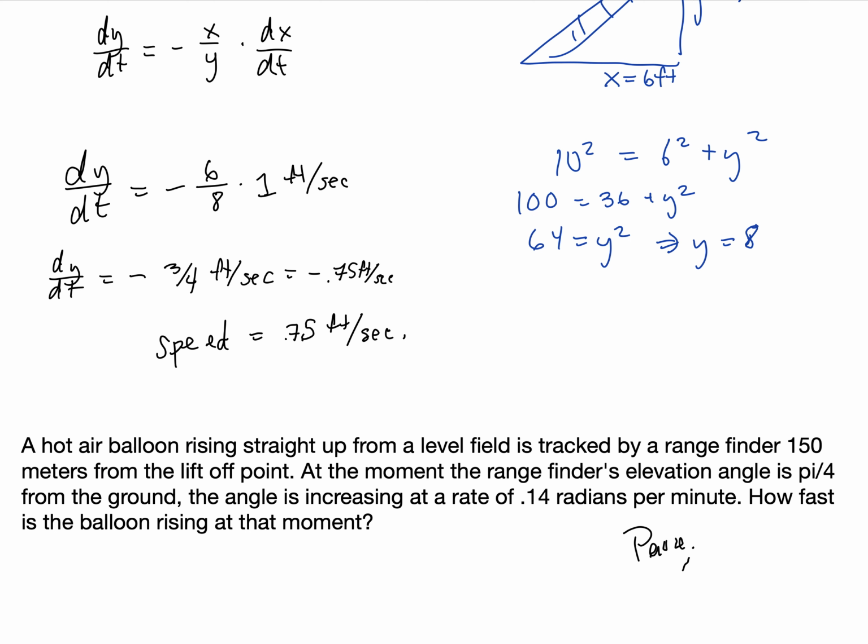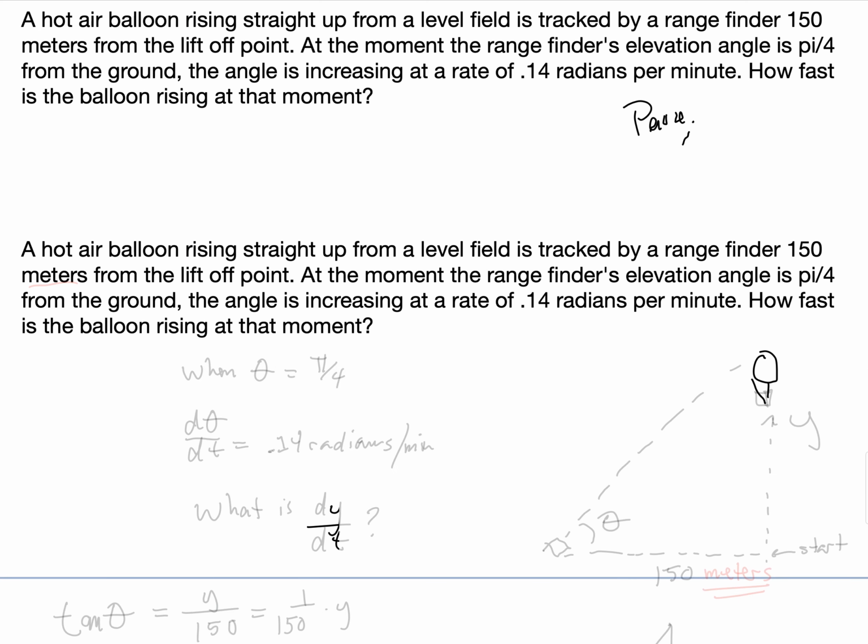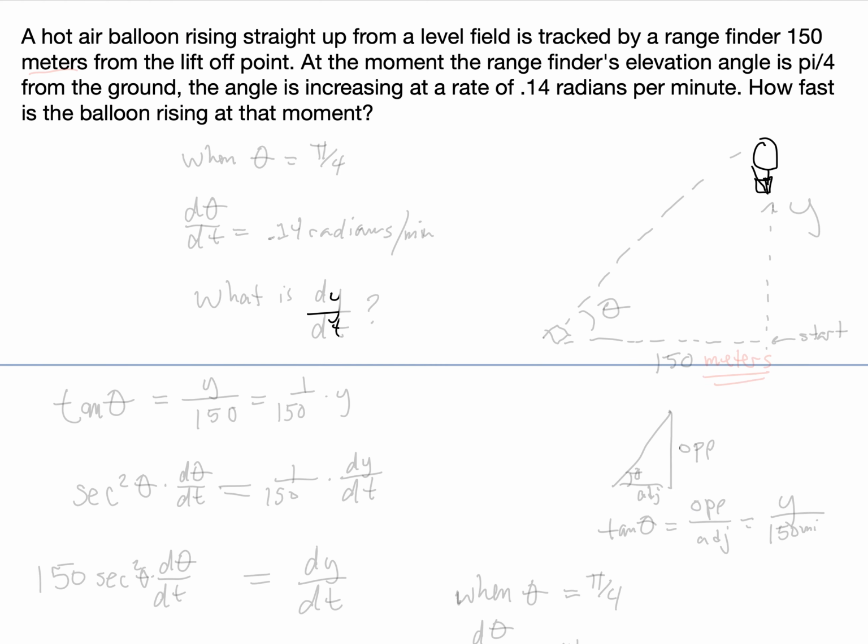Okay, so we've got this hot air balloon, and it's rising from the ground, straight up. And we've got a rangefinder tracking its angle at different points from the ground. It's 150 miles from where the balloon started off.